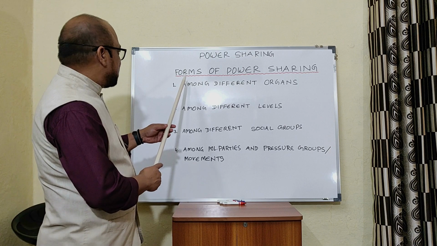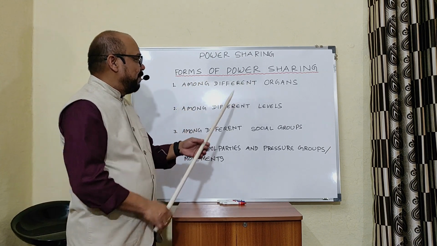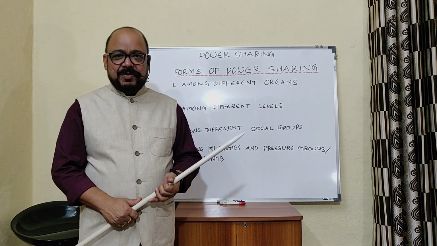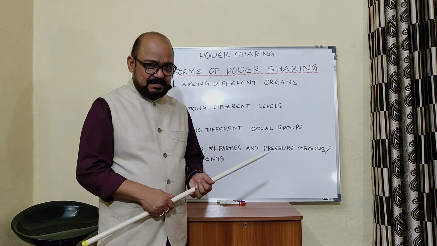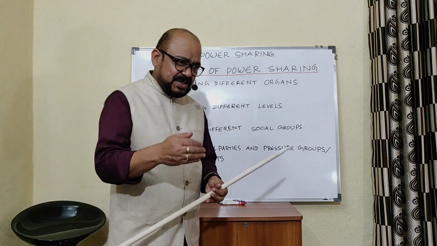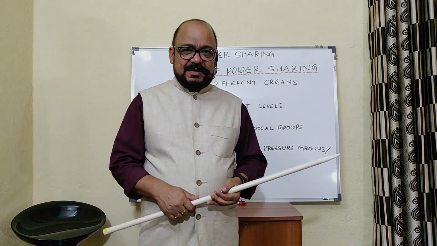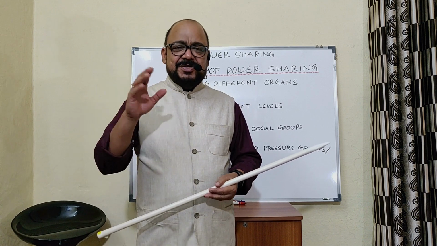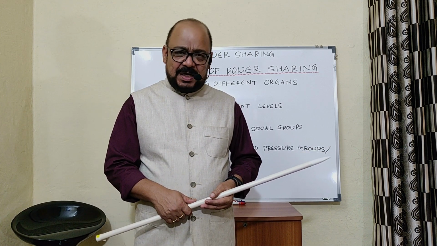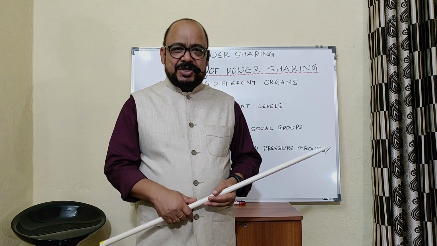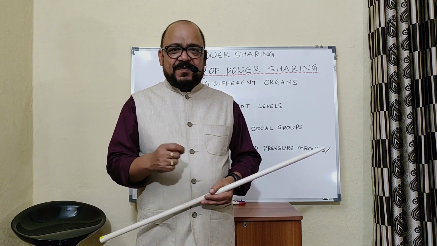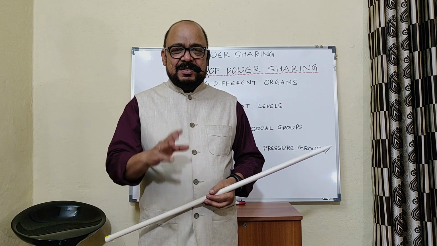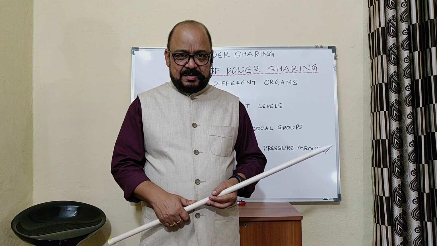This topic is forms of power sharing in modern democracies of the world, right? When we study and analyze the different methods of power sharing in different democratic countries of the world, we come to know that all the different methods of power sharing can be categorized into four, right?